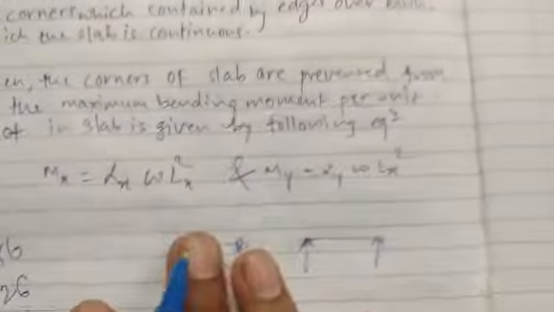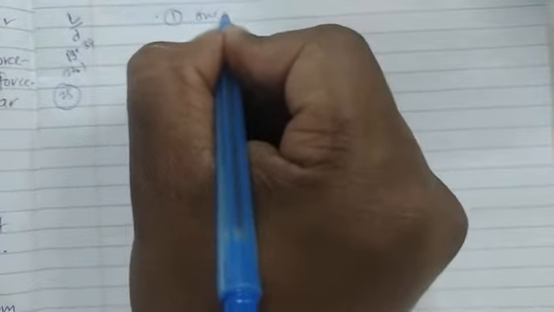Now we'll see what are the changes between these two designs, one way slab design and two way slab design. Whenever we are designing a one way slab, we follow steps like, first of all we check whether it is a one way or two way slab. So that step will be common for this also.